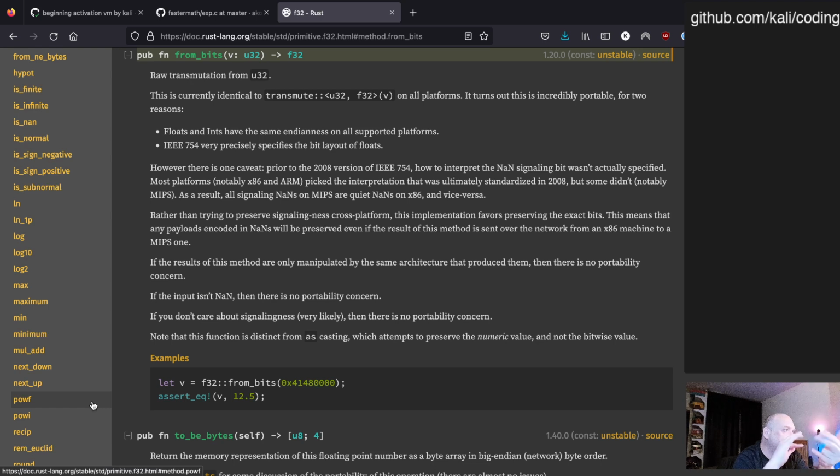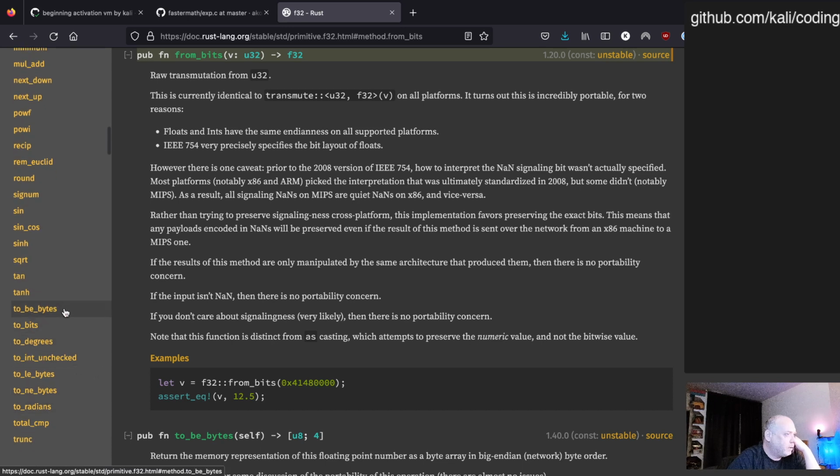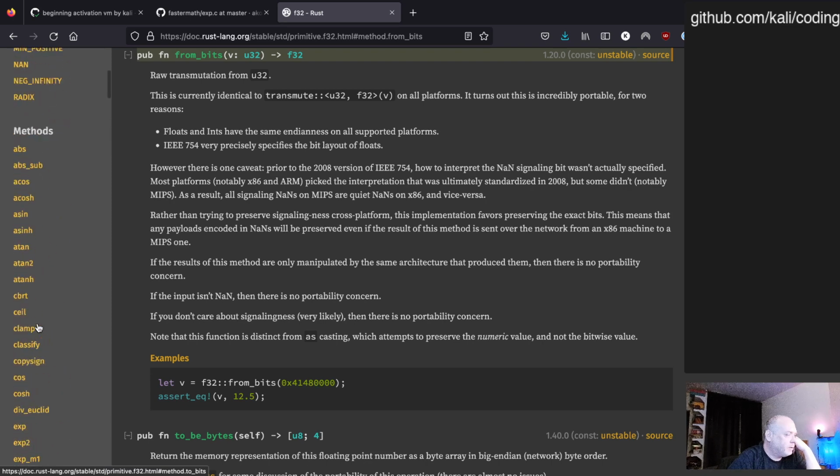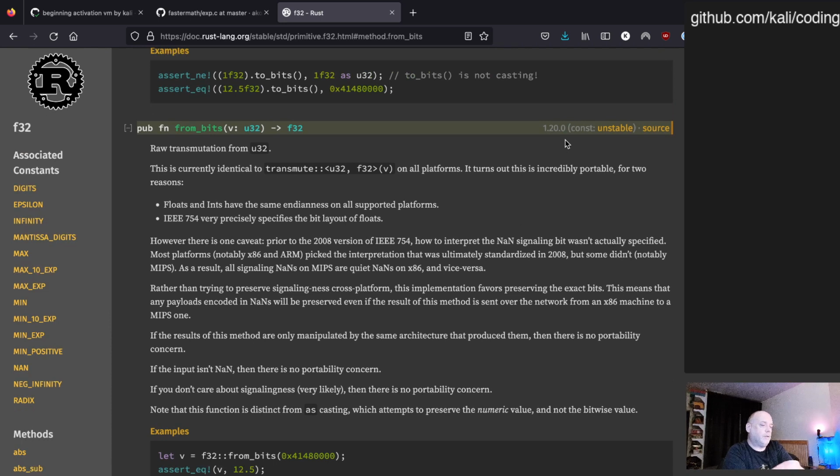And there is the opposite function also, to bits, but not there. So let's have a look. It has a name. Anyway, if we don't find it, we can still manage.